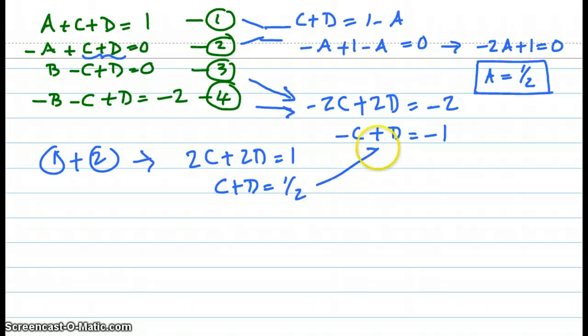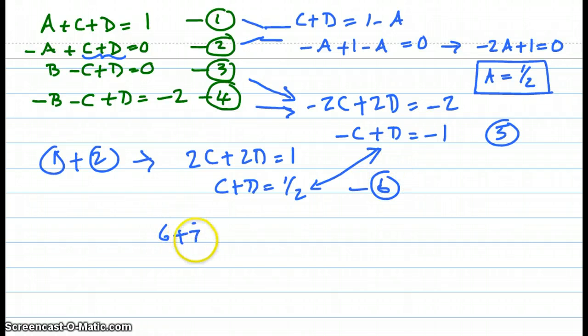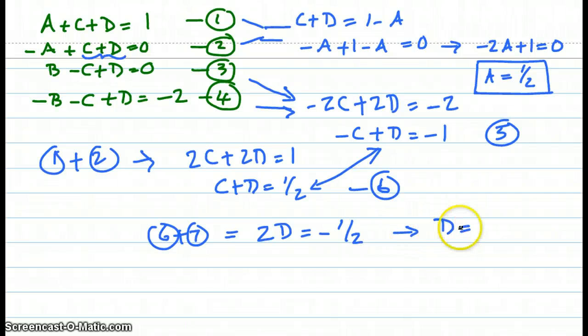If I take these two equations and add them up, I'm going to call this equation 5 and this equation 6. So adding them up, c's cancel out and I get 2d equals negative 1/2, or d equals negative 1/4.